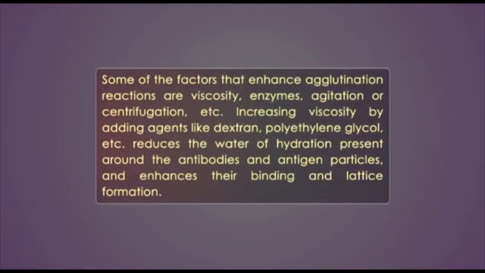Some of the factors that enhance agglutination reactions are viscosity, enzymes, agitation or centrifugation, etc. Increasing viscosity by adding agents like dextran, polyethylene glycol, etc. reduces the water of hydration present around the antibodies and antigen particles and enhances their binding and lattice formation.